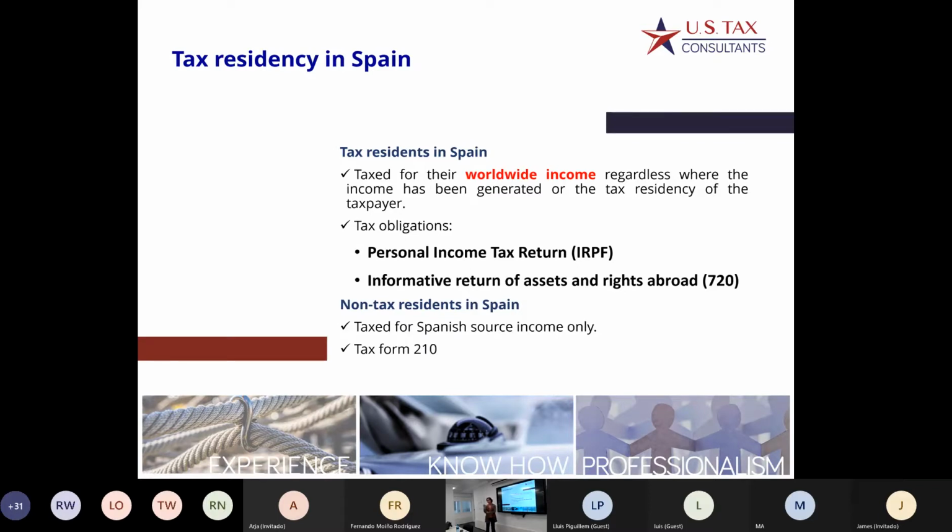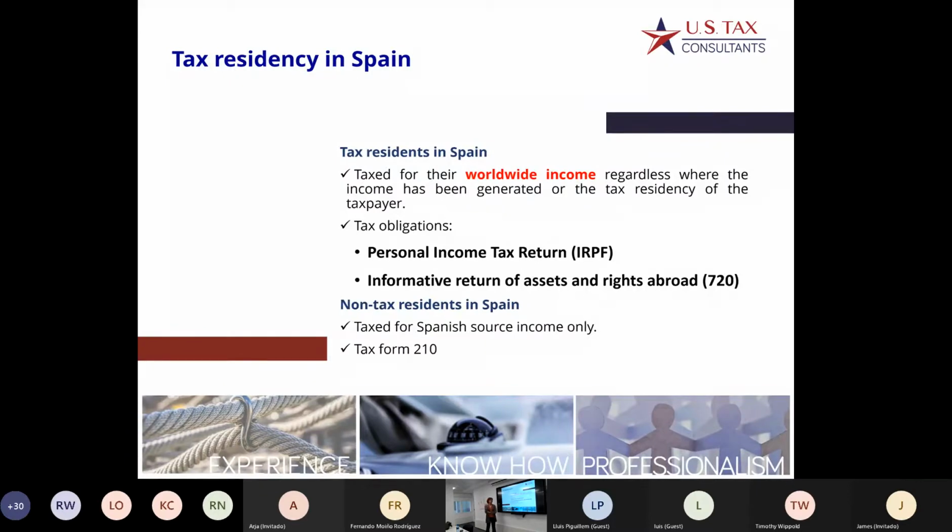Okay, so considering that you are tax resident in Spain, what does this mean? First of all, you are taxed on worldwide income. Worldwide income means regardless of where the income has been generated or the tax residency of the payer. It doesn't matter if the payer of the income is from the US or from France or from wherever, or you have been working abroad.